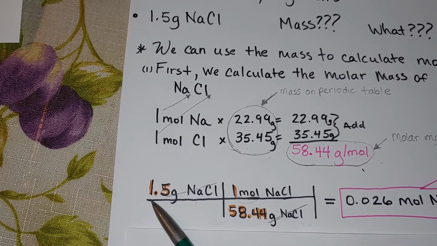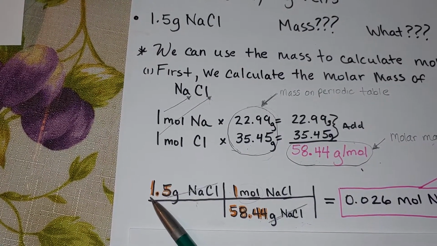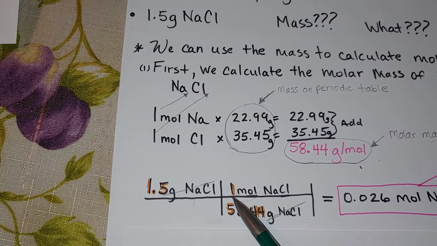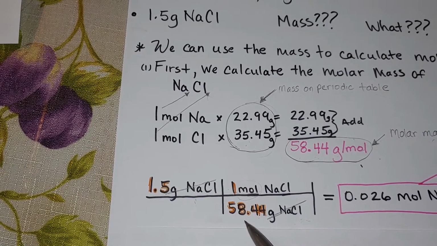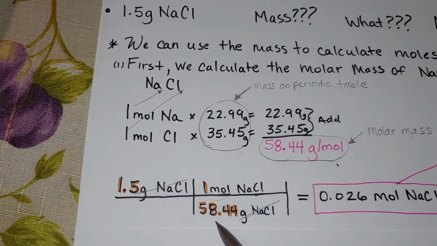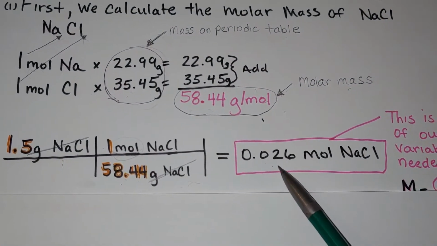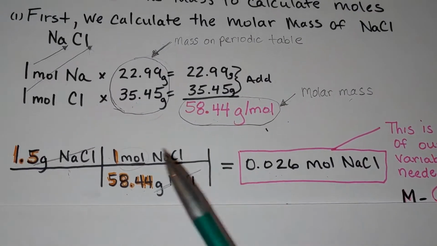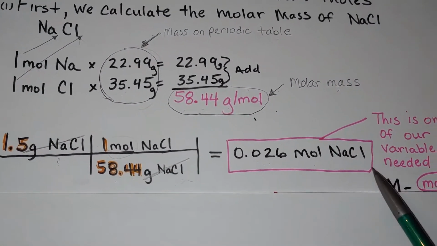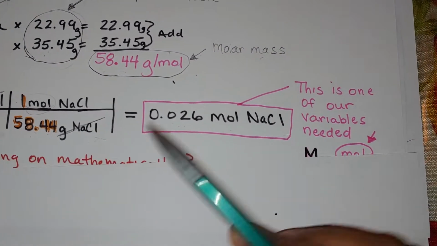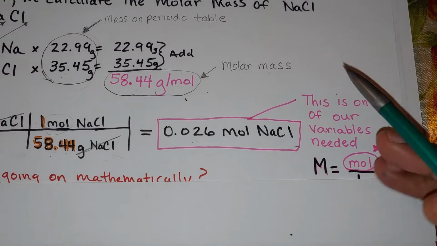So essentially what I'm going to do is take 1.5, multiply by 1, and then divide that by 58.44. Once I do that, I'm going to get an answer of 0.026 moles of sodium chloride. And this is going to be one of the variables that we need.